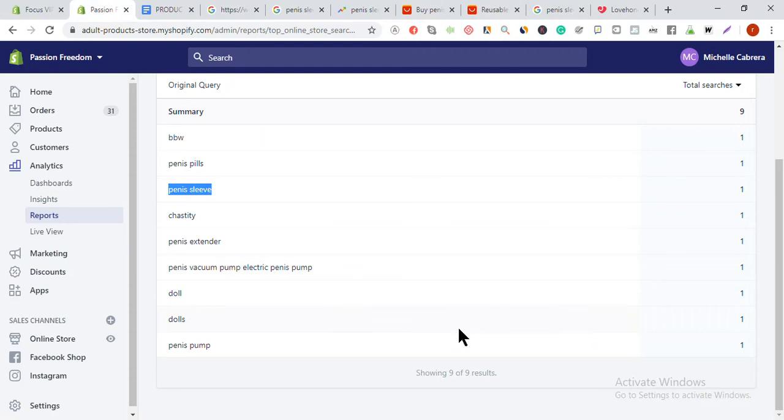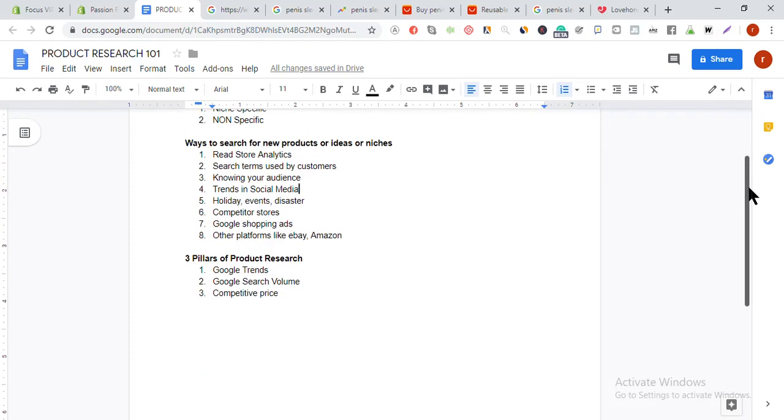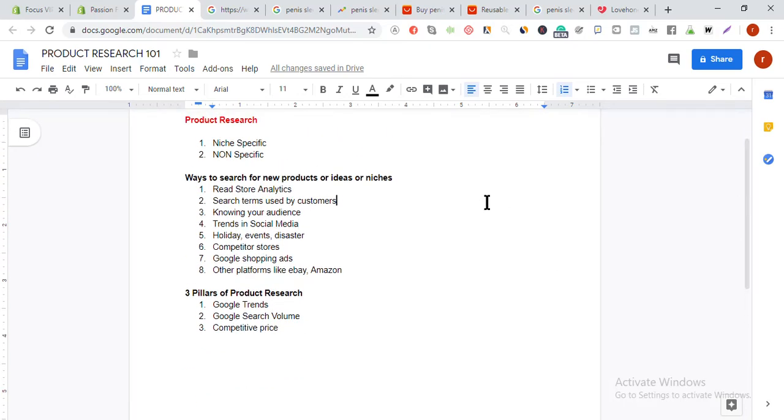Alright, so this is for the niche specific store. So I would say for niche specific stores, it's easier to find the next item to try. So let's just say, okay, let's come back here. So for the product research, your first basis is from the Shopify itself, the data from Shopify. You can do that, or this one, search terms used by customers, reading the store analytics.